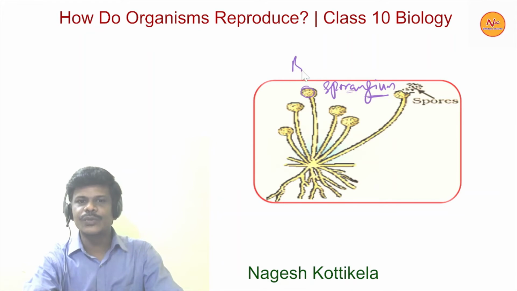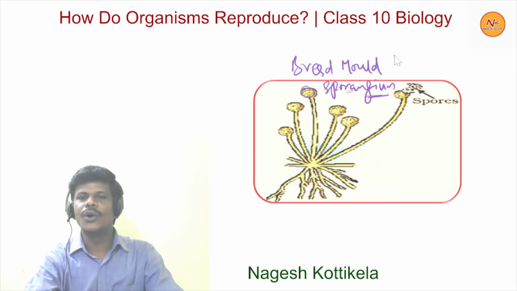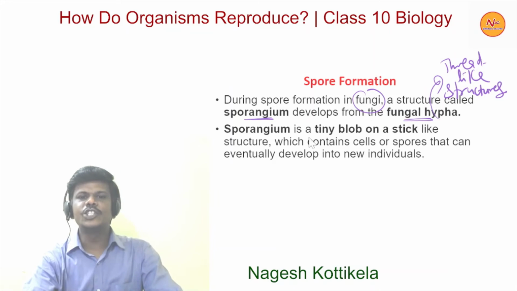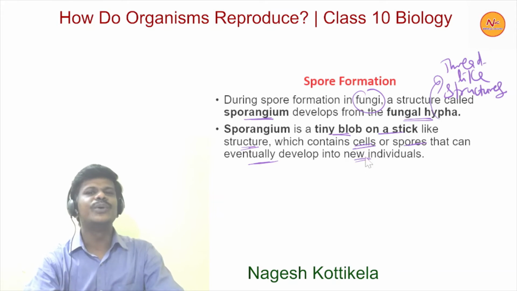This is actually a picture of bread mold, or Rhizopus. Sporangium is a tiny blob on a stick-like structure which contains cells or spores that can eventually develop into new individuals.